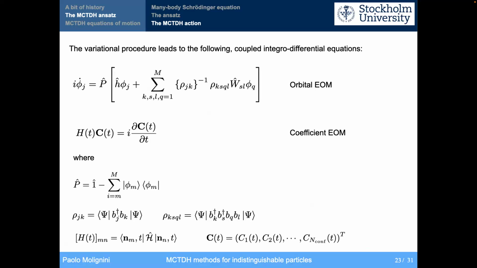For the coefficient equations of motion, H is nothing but the representation of the Hamiltonian in the configuration space. So you need the configurations to calculate that part, which means you need to solve the orbital equation of motion. And C is an array that contains all the configurations from 1 to n conf.